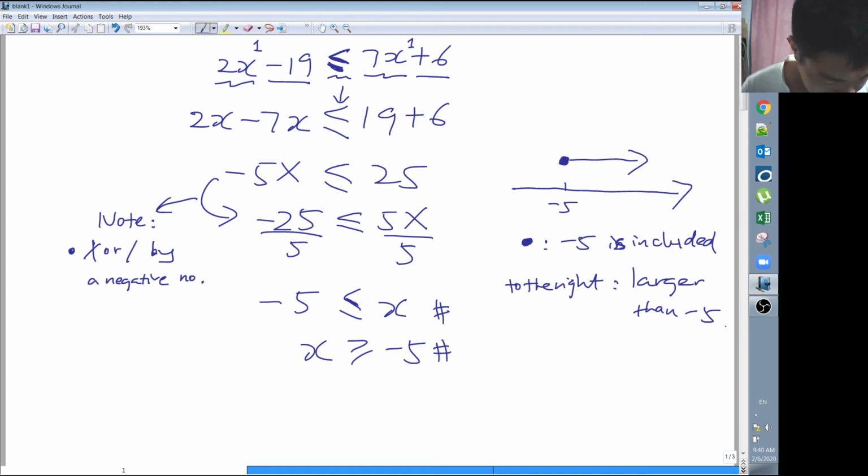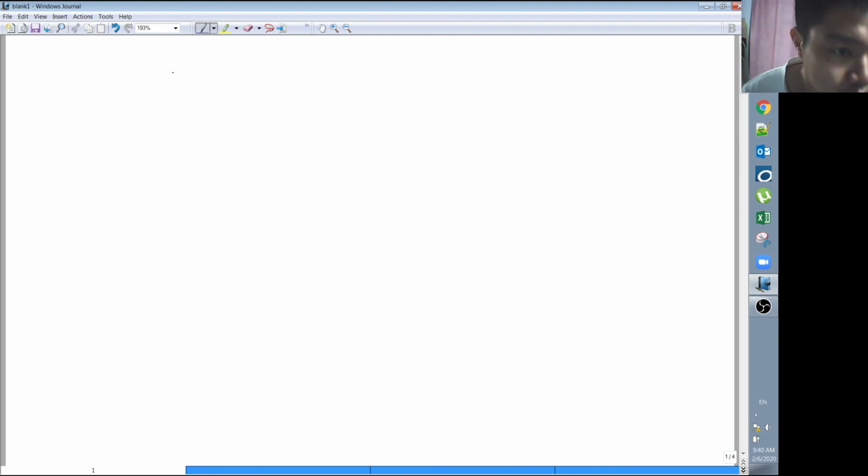Okay, let me insert one more page. I'm going to talk about what if you have two inequality and how are you going to solve this.